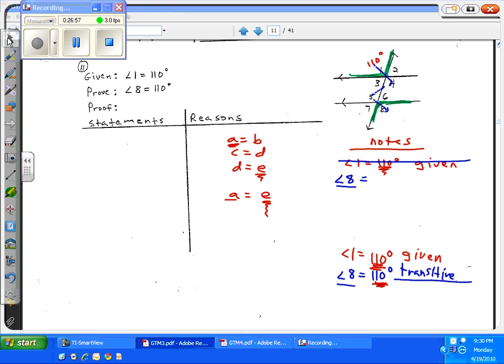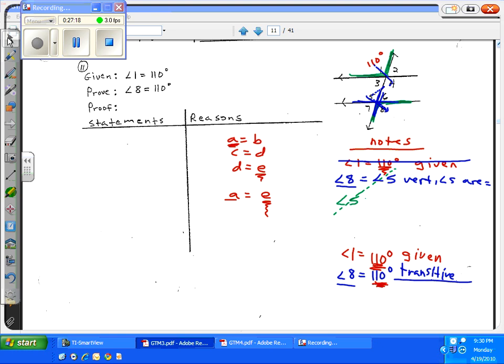What was 8 connected to? 5, because they're vertical, see? So angle 8 is equal to angle 5. Vertical angles are equal. And then whatever's right here needs to follow right here.